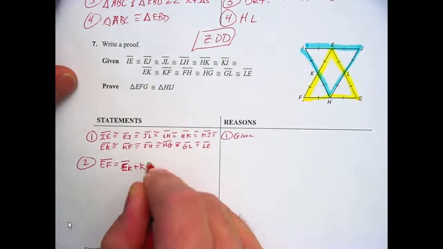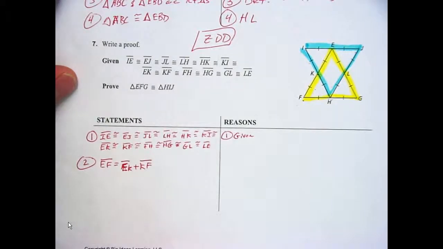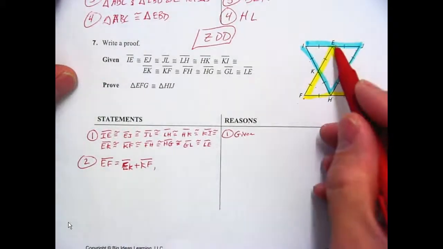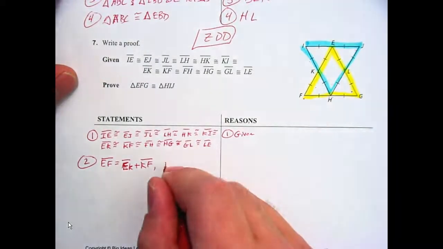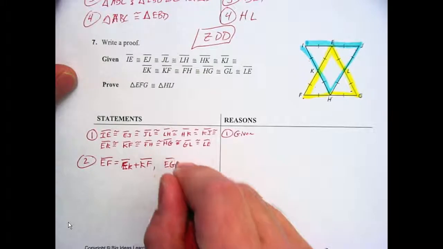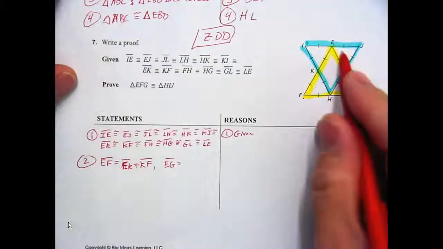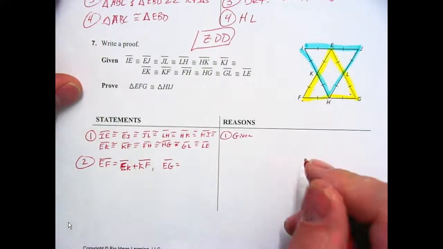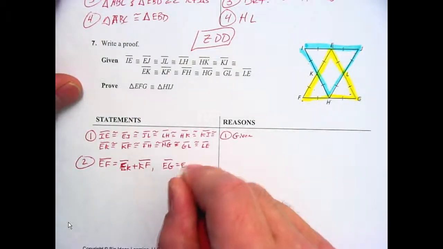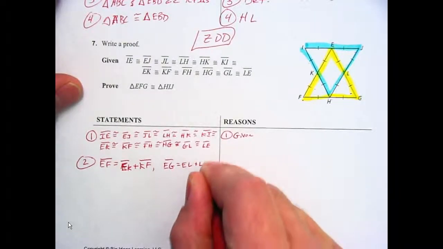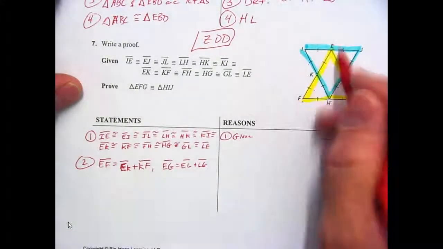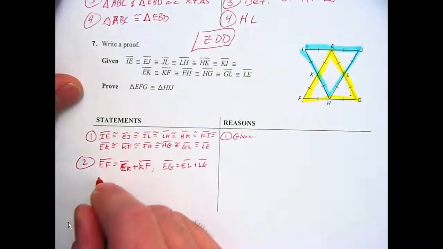Okay. So we also could say then that EG is equal to what 2 things? EL and LG. Okay, so notice if I say those 2 things right there, I can kind of keep going through that process. Say FG is equal to FH plus HG.